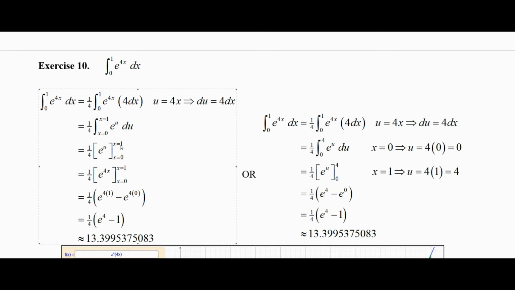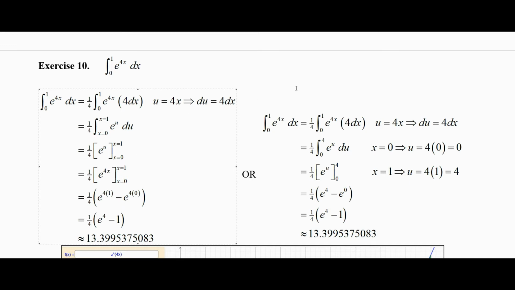We want to evaluate from x equals 0 to 1. We have to get it back in terms of x first by plugging in the 4x. Now we can plug in x is 1 and x is 0 and evaluate. 4 times 1 is 4, so that's e to the 4th. 4 times 0 is 0, e to the 0 is 1. So our final exact answer is 1/4, parentheses, e to the 4th minus 1, close parentheses, or about 13.3995.